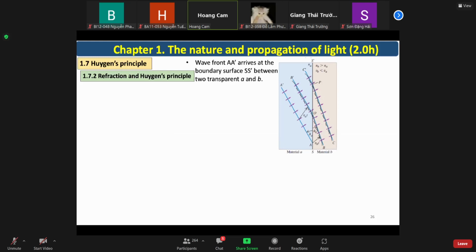So the light travels in material A with the wavefront AA prime. It arrives at the boundary surface, or the interface between the two materials, SS prime here, and then it travels into the other one.